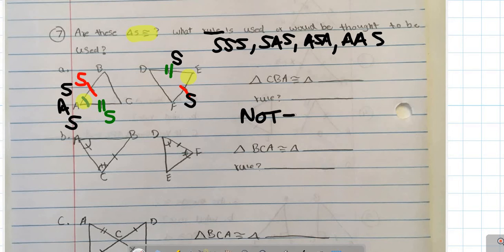Now, if it's a mistake and there should be an angle there, Samina, then the rule would be side, angle, side, and CBA would match FDE.